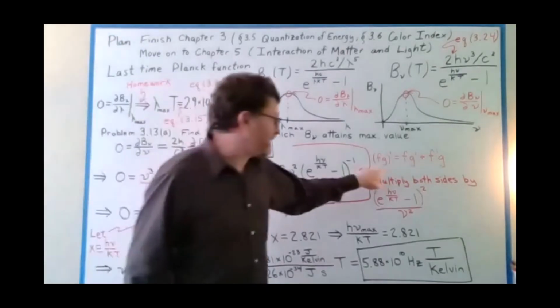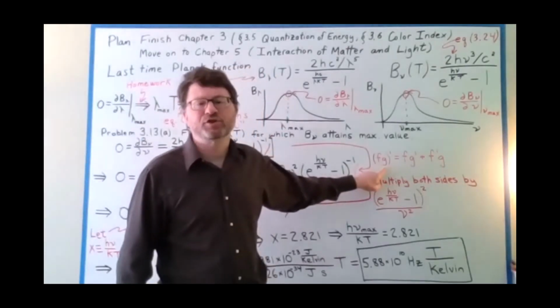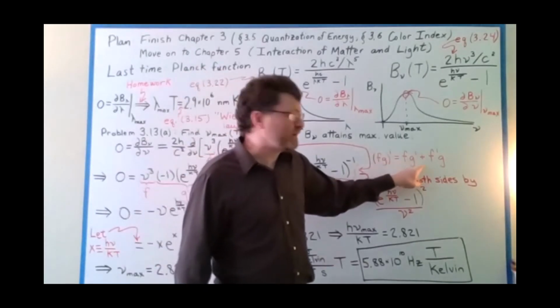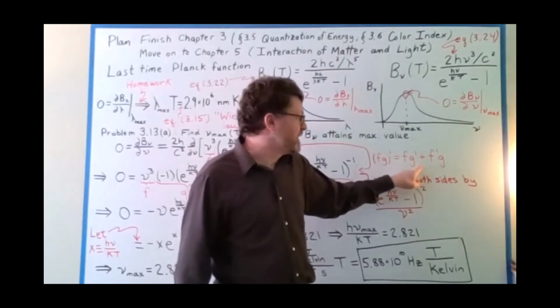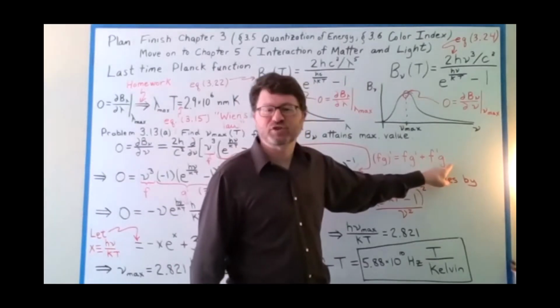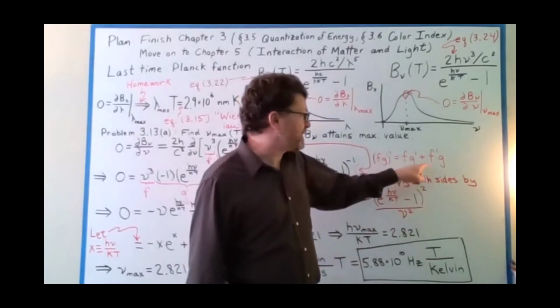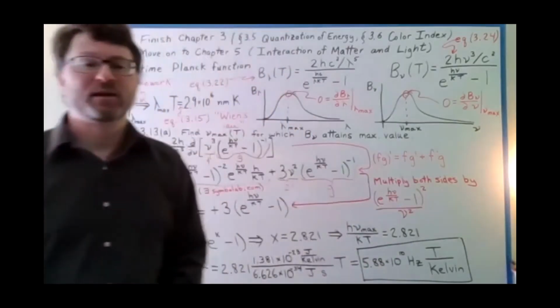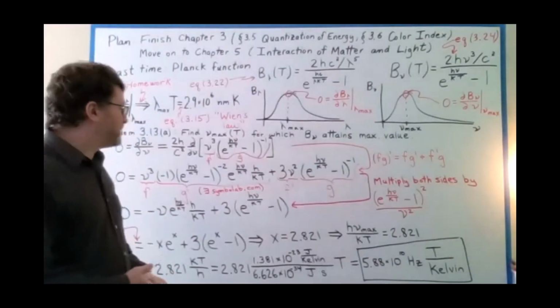Remember that the derivative of a product of two functions f and g is the first function f times the derivative of the second function g plus the derivative of the first function f times the second function g. So f g prime plus f prime g, where prime is the differentiation indicator. And so that's what we've done here.